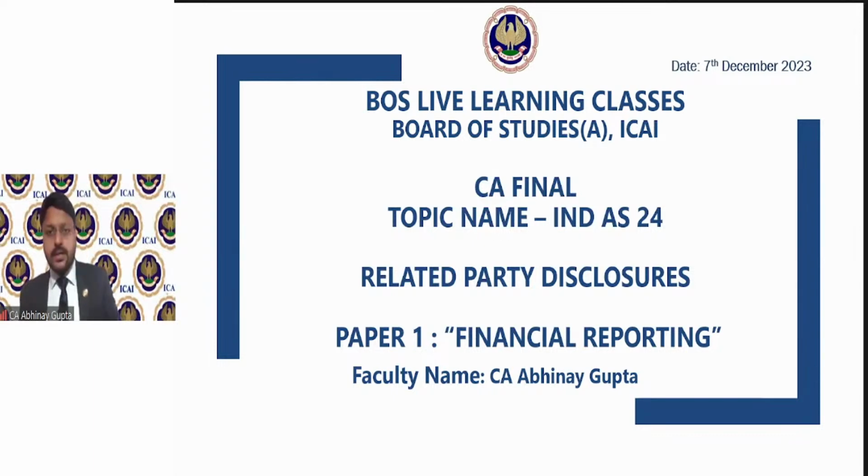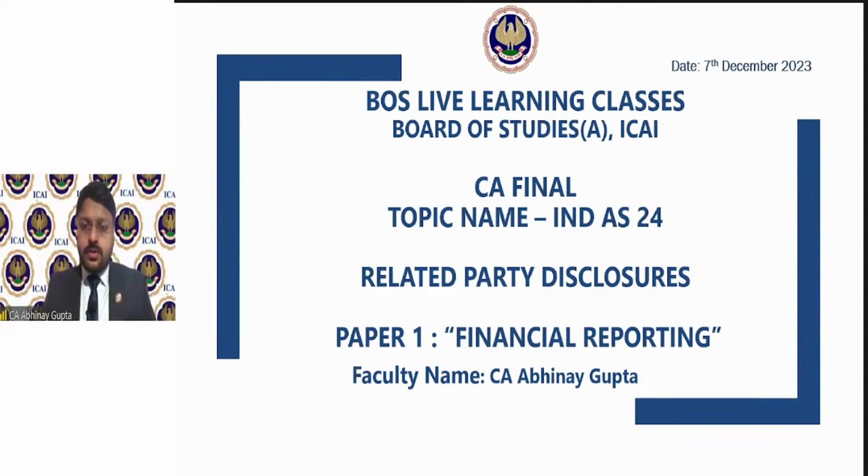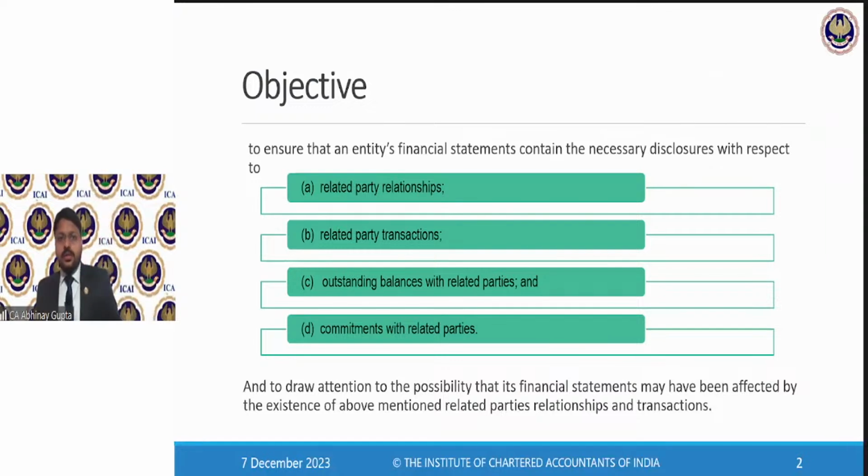Okay, I think we can start now. So, we will start with Ind AS 24 related party disclosures. That is the topic for the session today. You must have studied a similar standard under ICAI as well, and must have seen how related party transactions need to be disclosed in the financial statements, right?